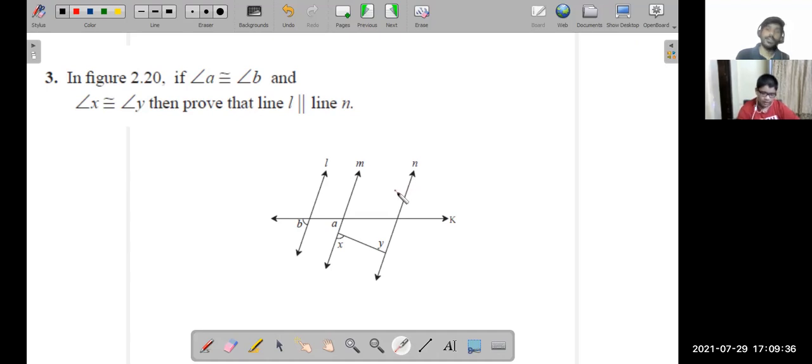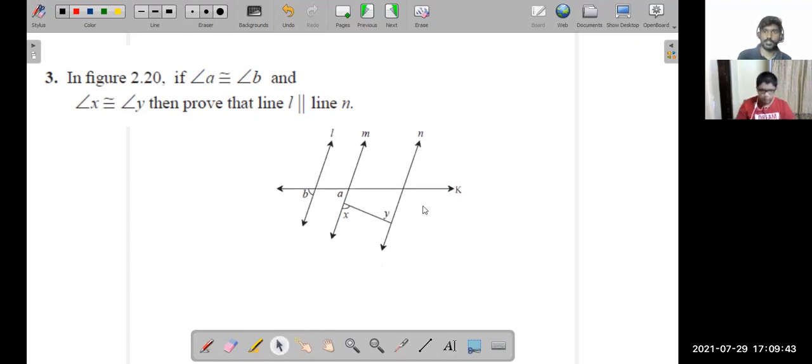Is it possible for you to send me a photo of that solution now? Okay, send it to me then. I'll check and we'll discuss.